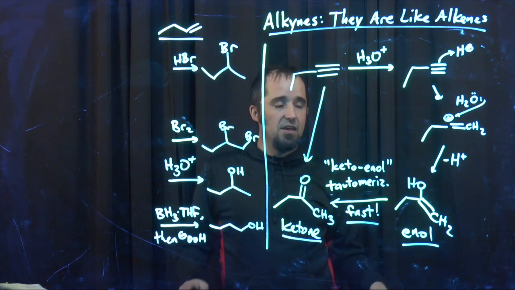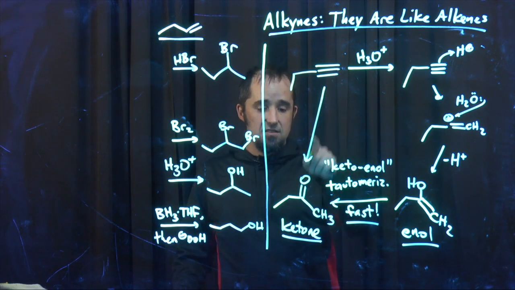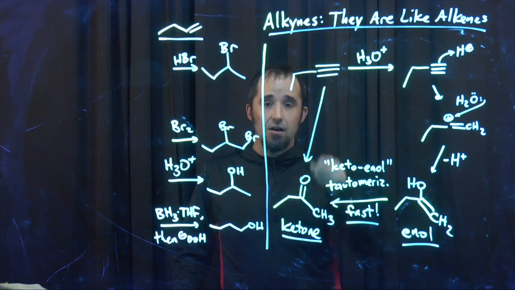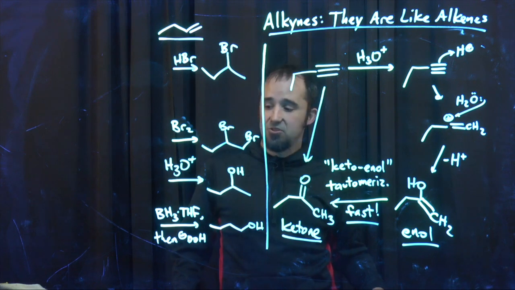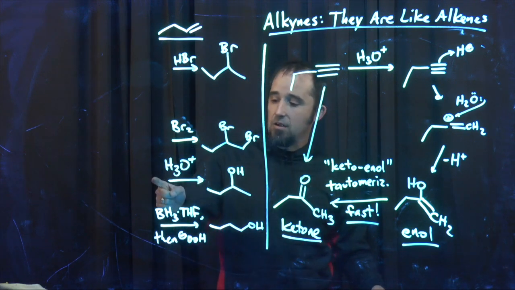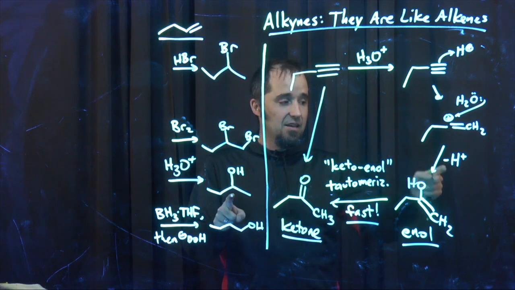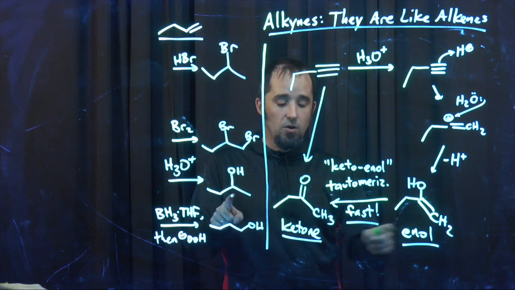But the important thing here is the mechanism, the idea that I can get to this from that. If you simply look at the atoms, a ketone is simply an alkyne plus water. That's a pretty important concept, I think. Just like I'm able to make my alkene into an alcohol, I can make my alkyne into an enol, which will very quickly go to a ketone.